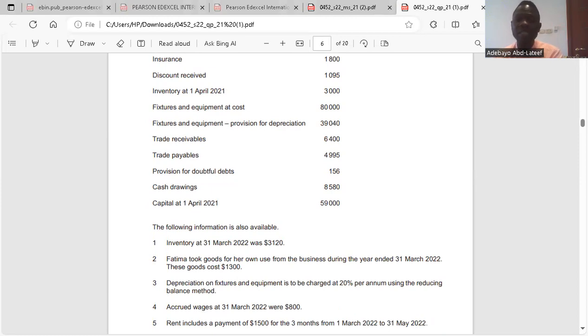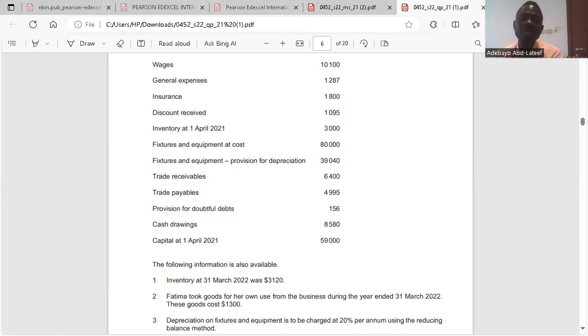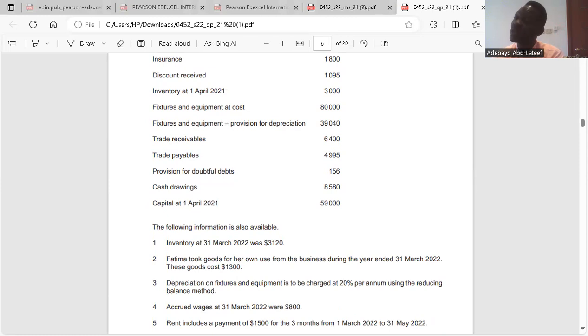Then we have closing inventory at 31 March 2022, and you less that again. That gives the total cost of sales, which is 35,080. So 75,430 minus 35,080 gives us our gross profit, which is 40,350.